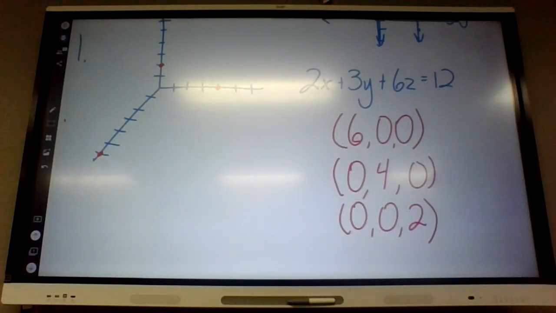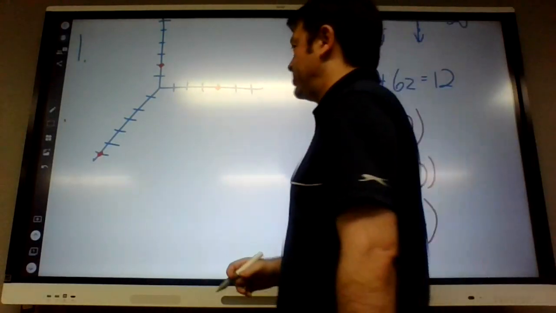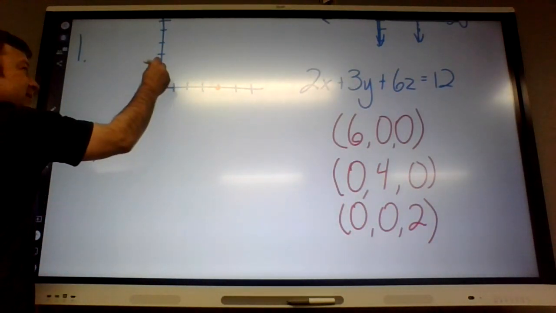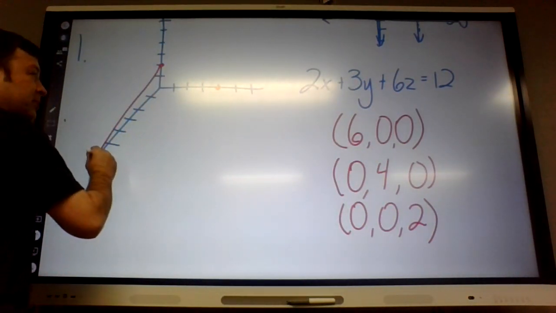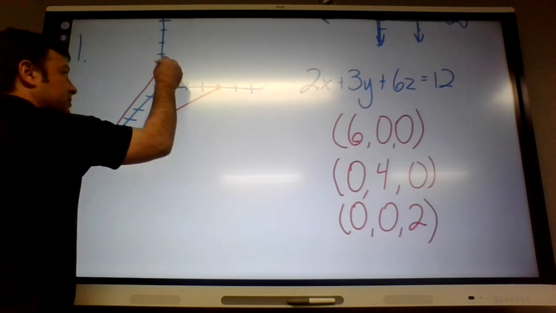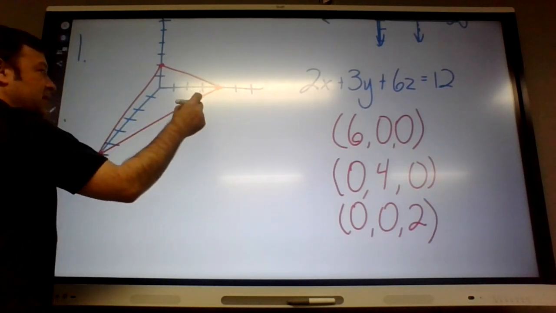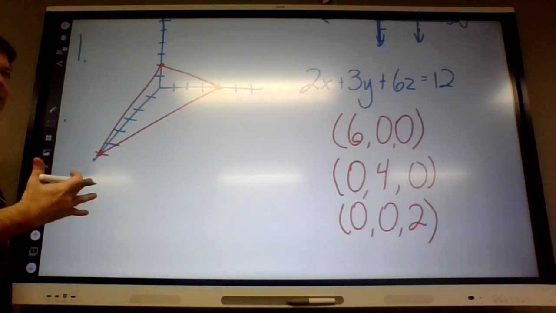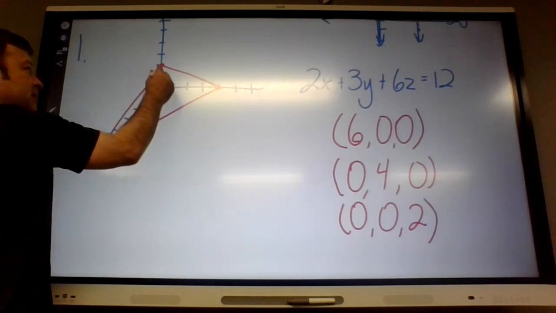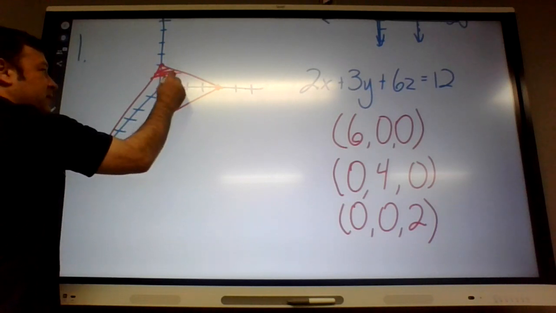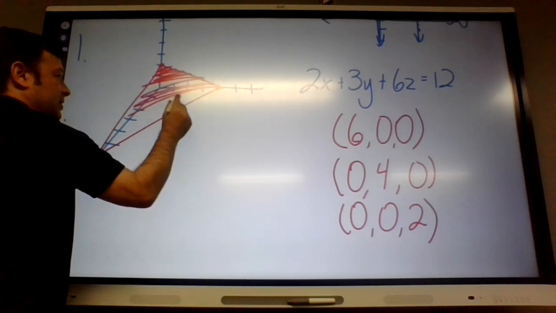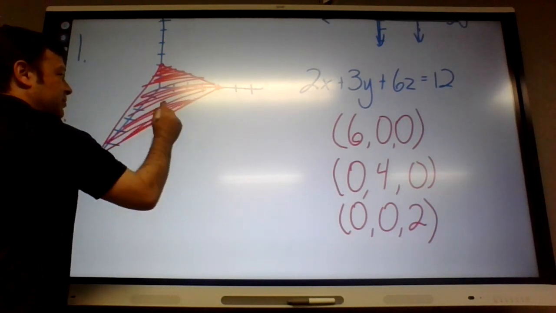And then, well, how are we going to draw this? It'll probably look better on you guys than mine because you can kind of lightly shade with a pencil. I don't really have a function for that on the smartboard, but just connect those dots and you can kind of visualize a plane there, right? Now planes are infinite, but we can't draw infinite things, so, oh boy. And then just kind of lightly shade that in with your pencil.